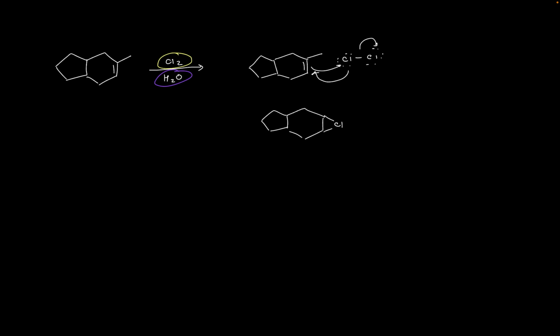In the first example, I'm going to imagine that Cl attacked from the top. So these are going to be wedges, and I'm going to imagine that it pushed this methyl group to the back. Another equally likely scenario is that the Cl attacked from the back and it pushed this methyl group to the front. So either scenario here is okay.